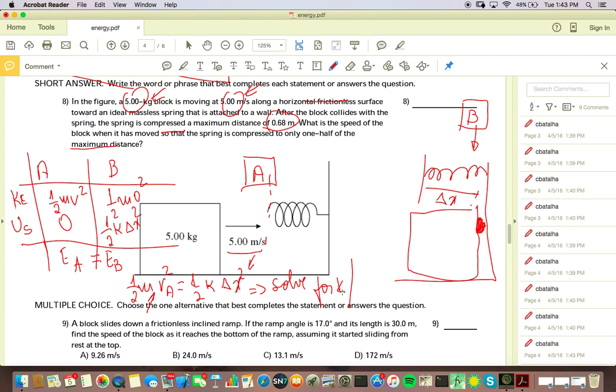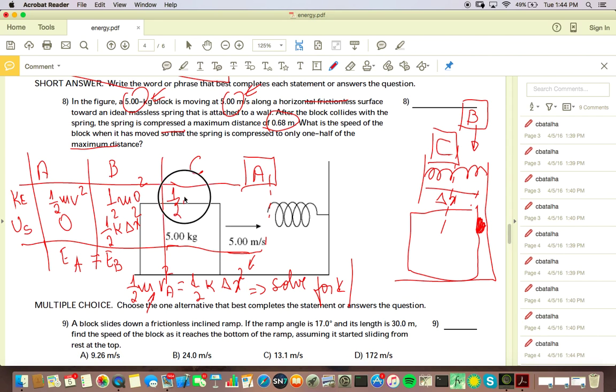Now that you can solve for k, the problem is asking what is the speed of the block when it was halfway into the compression. So we are talking about a configuration C, which has not only kinetic energy but also potential energy. What is the kinetic energy at point C?